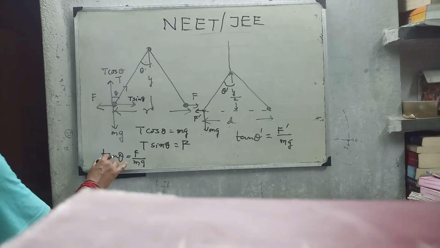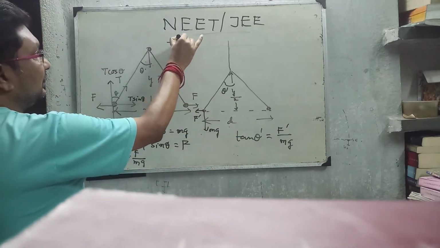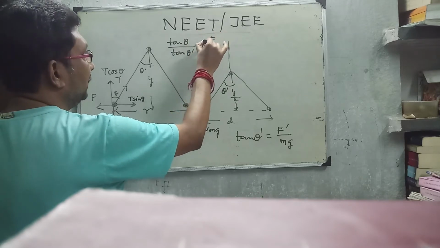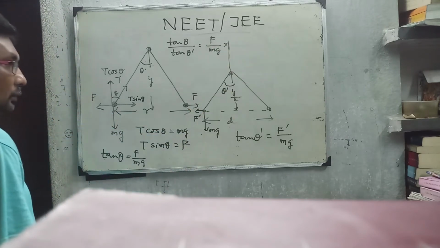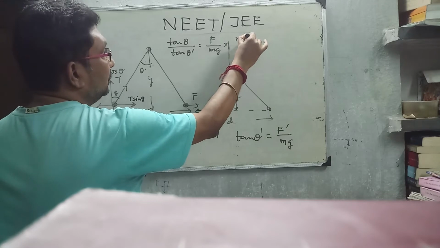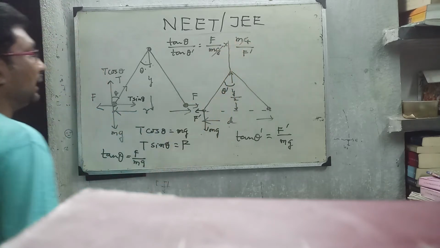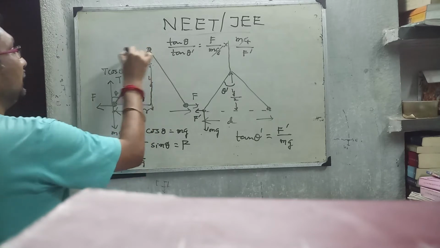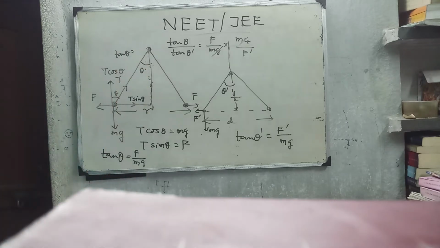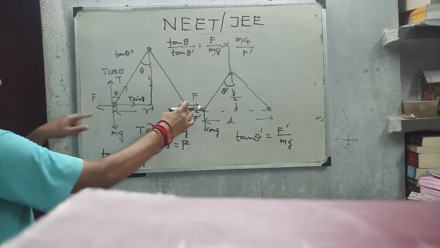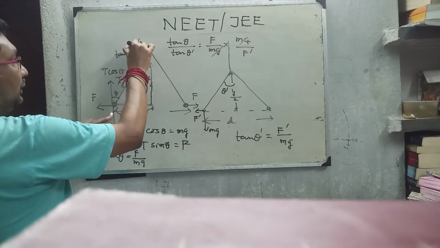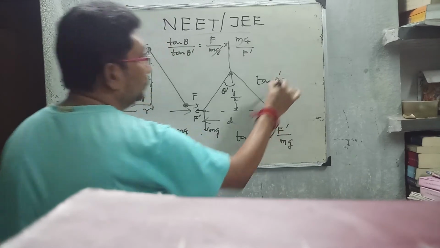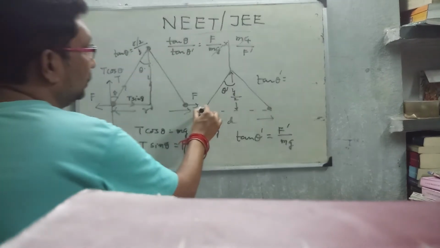Now dividing this equation by this equation, tan theta by tan theta dash equals F by mg into the reciprocal, mg by F dash. mg cancels. Now, tan theta from this triangle equals normal by base, that is r by 2 by base, which is y, and tan theta dash equals normal by base.